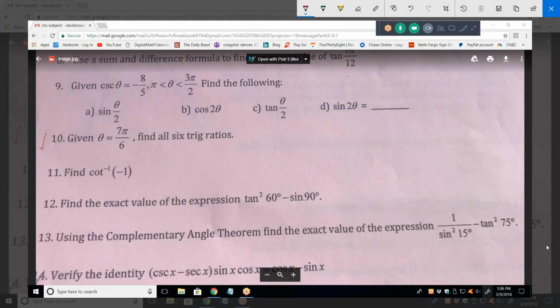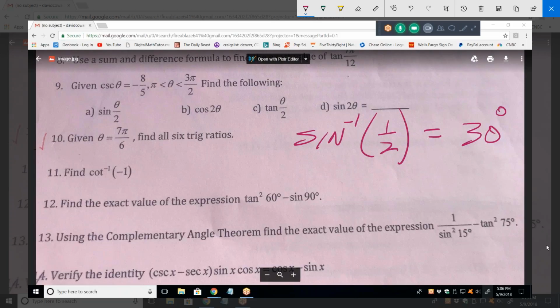But if I said to you the inverse sine of 1/2, what would that equal? Don't do it on your calculator. I'm trying to explain something to you. I'm not sure. 30 degrees. In other words, the sine of 30 degrees is 1/2.